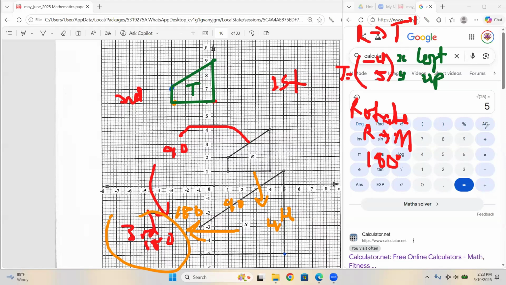Okay. If they said instead 270 degrees or 90 degrees, they had to tell us whether to go clockwise or anti-clockwise. Because if they said 270 and you go clockwise, you end up here, right? Because 270 clockwise: here's 90, here's 180, here's 270. That's clockwise.